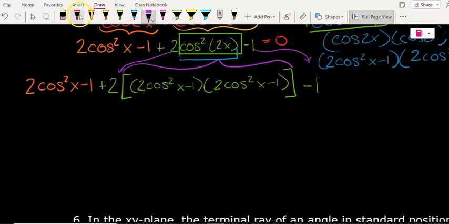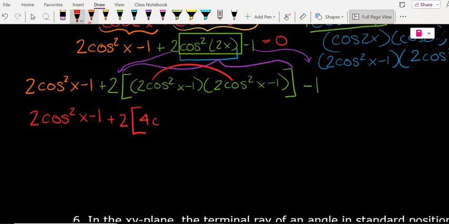So let's go ahead and bring some things down. So I'm going to just bring 2 cosine squared x minus 1 down. I have that plus 2 right there. And I'm just going to go ahead and FOIL. So if I do 2 cosine squared times 2 cosine squared, that gets me 4 cosine to the 4th x. And then I'm going to do 2 cosine squared times negative 1.